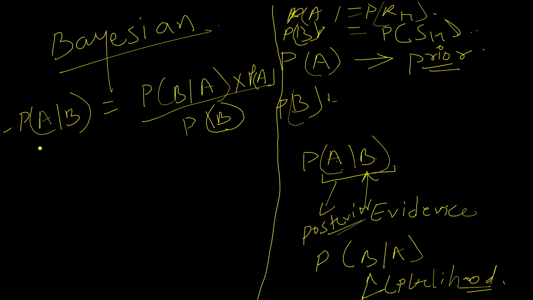Now come to set theory. We'll require set theory later, but let's discuss a bit about it. Suppose I have set A and I have set B. Now there could be two conditions.